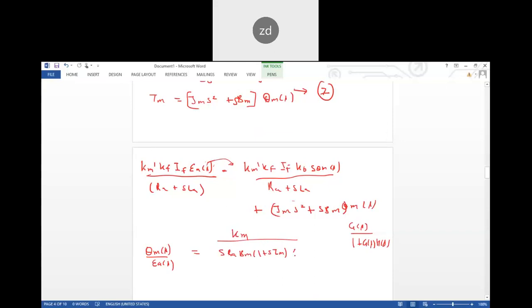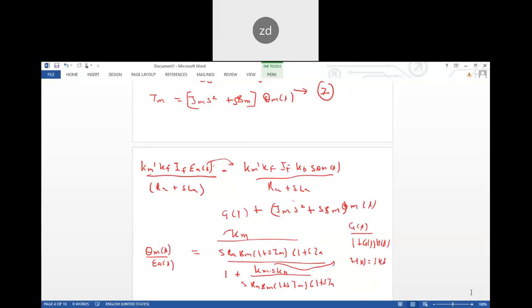Here also Tm is the same thing, then (1 plus sTa), divided by 1 plus Km s Kb over the same terms. This is the G(s) term, which repeats as it is: Km over s Ra Bm (1 plus sTm)(1 plus sTa), and this extra term s Kb is the H(s) value.